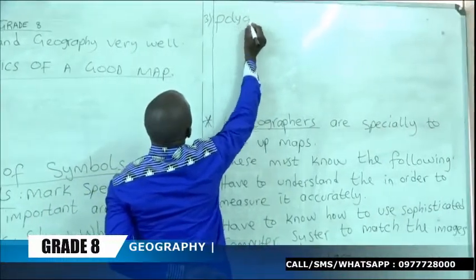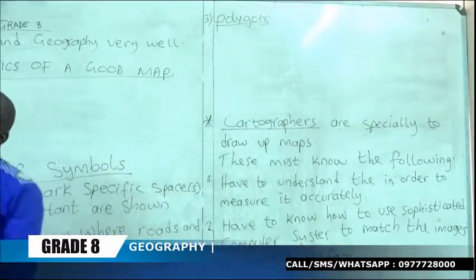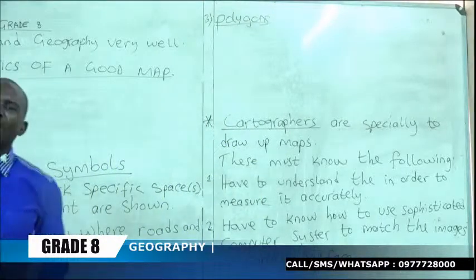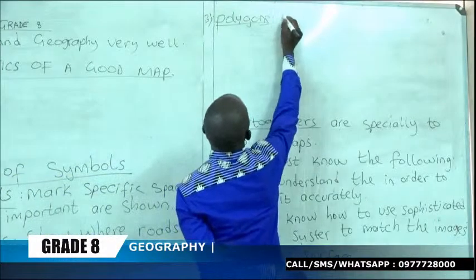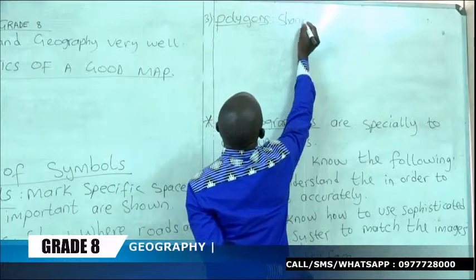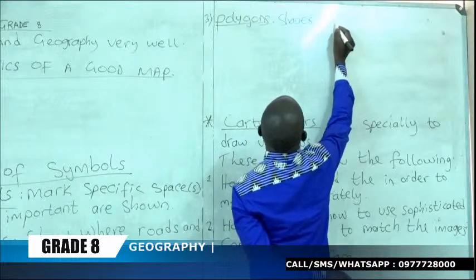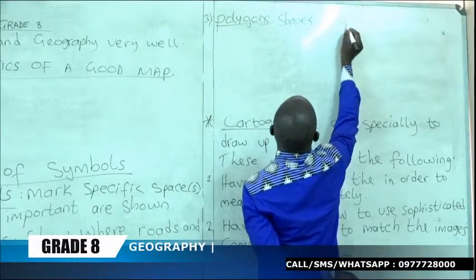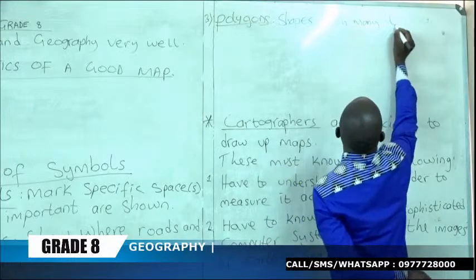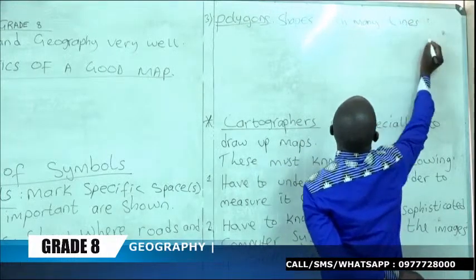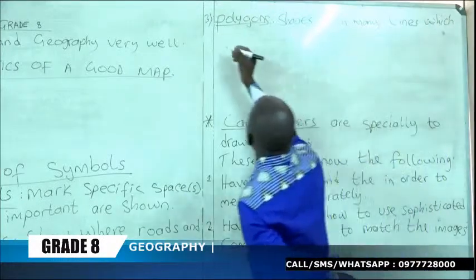Polygons are simply diagrams, or you can simply say shapes with many lines which have different lengths.